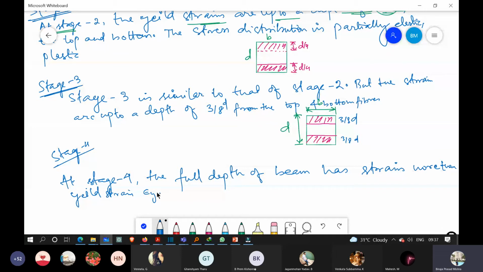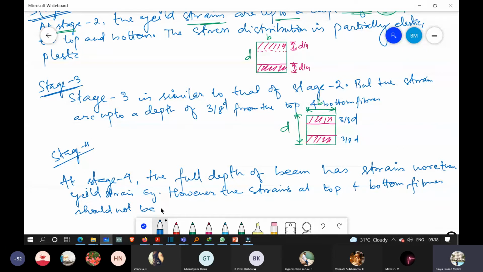Okay, full stop. Next, however, the strains at top and bottom fibers should not be more than epsilon st. Now what is epsilon st?